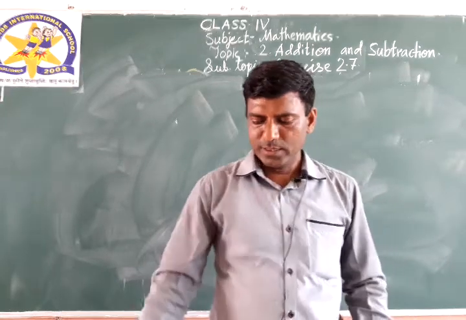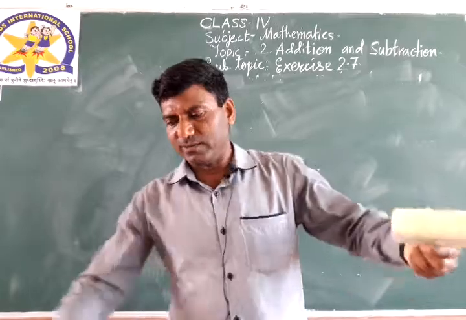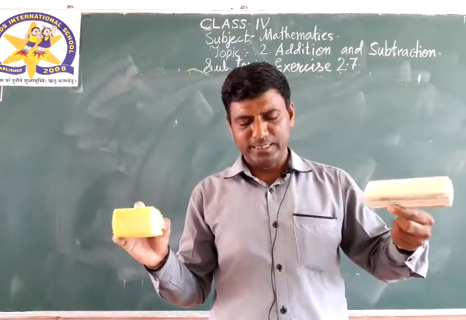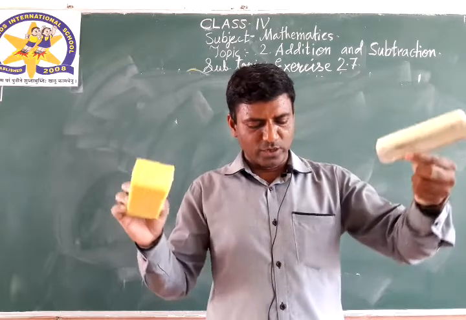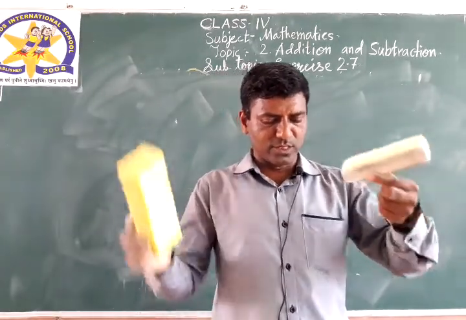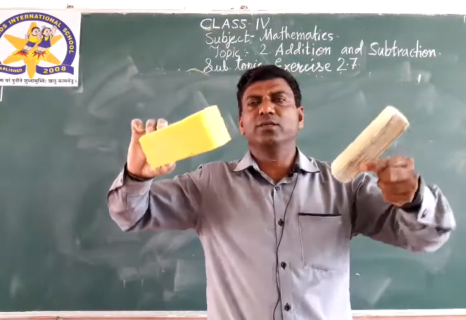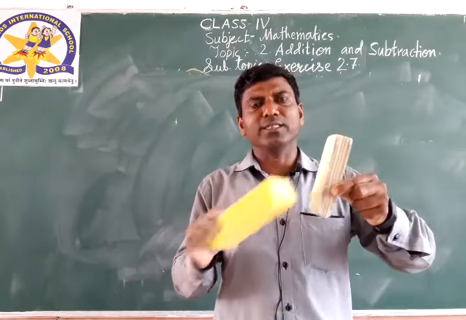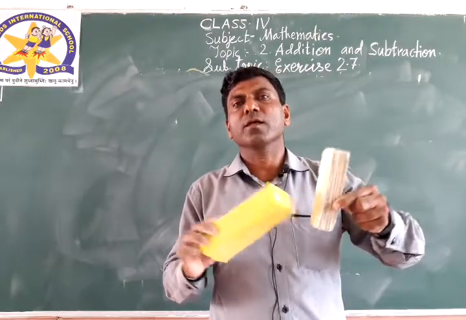Right? A duster is 10 rupees, a sponge's price is 8 rupees. Which costs more and by how much? Obviously, the duster cost is more, 10 rupees. By how much is the cost more?